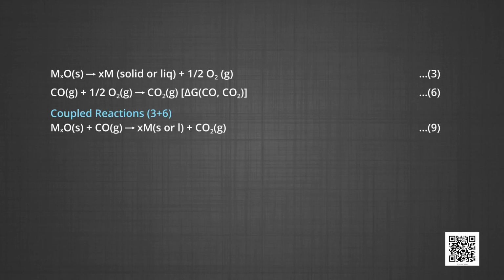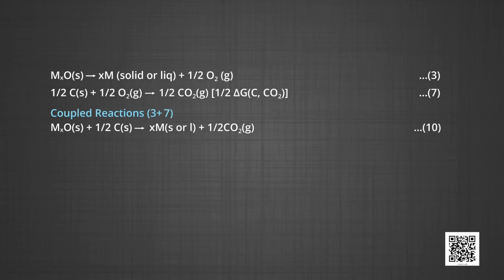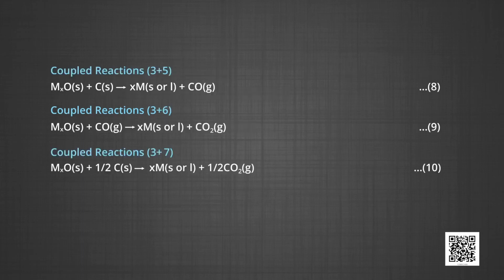Metal oxide plus carbon monoxide gives metal plus carbon dioxide, or metal oxide plus carbon gives metal in solid or liquid state plus carbon dioxide. These reactions describe the actual reduction of the metal oxide that we want to accomplish. The delta G naught formation values for these reactions in general can be obtained by similar subtraction of the corresponding delta G naught formation values.